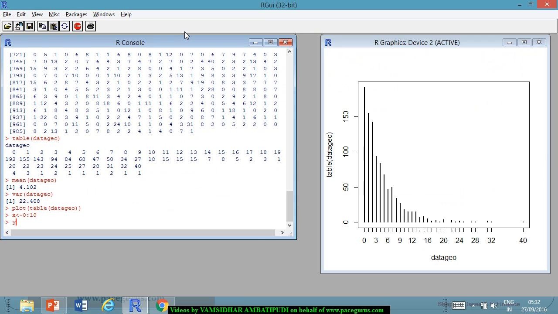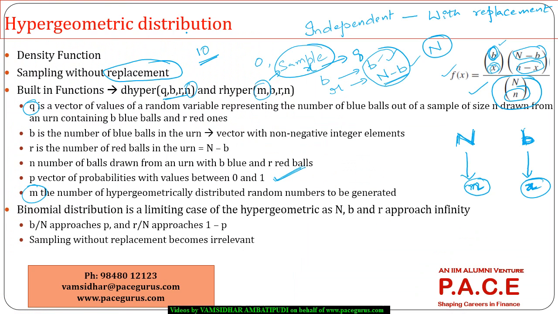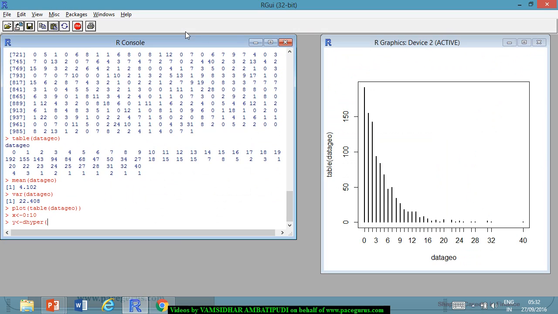I will find out this y as d hyper, wherein the first thing I have to give is q, which I will give as x, so it should be either 0. So what is the probability that I will pull out 0 success, 1 success, 10 successes, etc. Overall there are 10 successes in the data, which is my b.